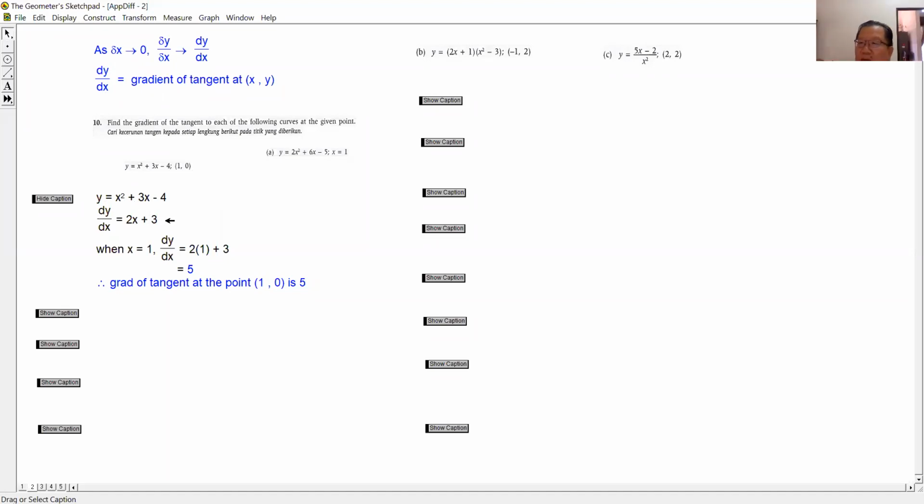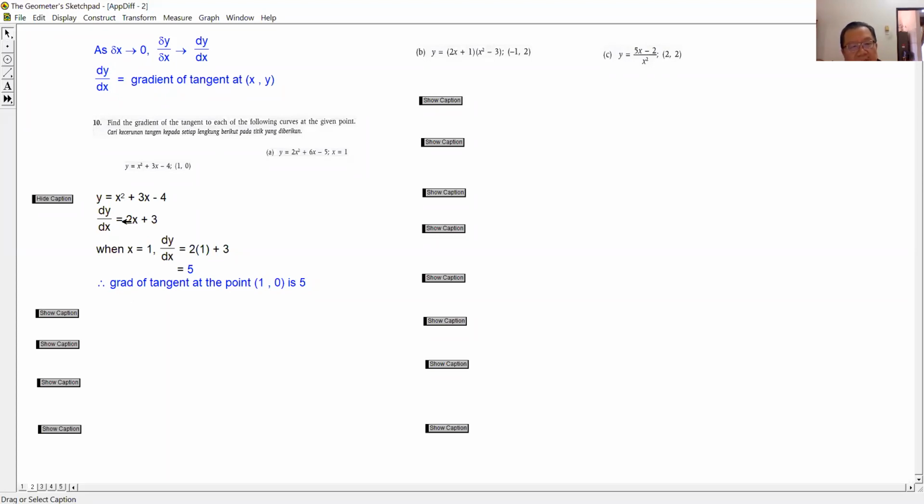Can you still remember how to find dy dx? Differentiation. Yes. After finding this dy dx, you note that it has a term involving x, so it cannot give me the gradient yet.